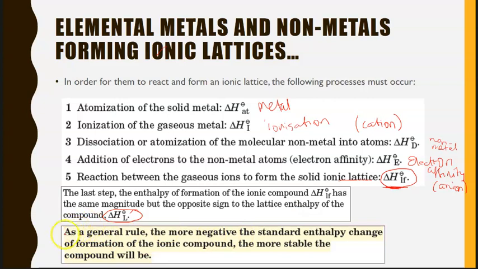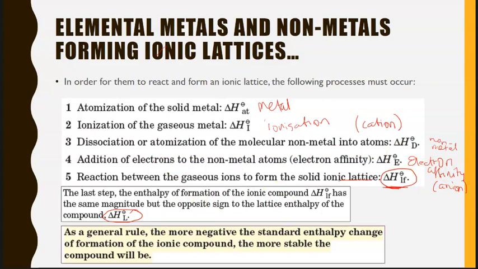As we mentioned previously, as a general rule, the more negative the standard enthalpy change of formation of the ionic compound, so the enthalpy of formation is delta H LF here, the more stable the compound will be. Remembering, the more negative this value translates into the more positive this value. And we said that the higher the lattice enthalpy, the stronger the actual lattice.